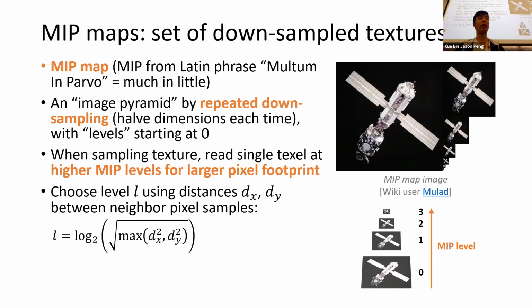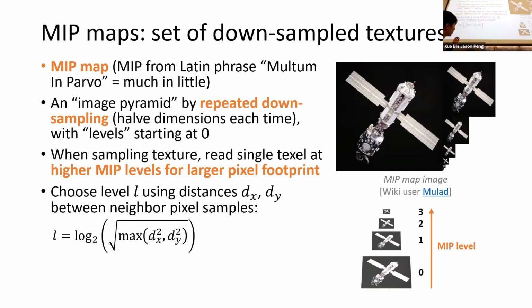For the pixel we are coloring in, we can look at its left neighbor's texture coordinates and use that to figure out dx, which is how quickly the texture coordinates change when we move horizontally. Then dy can be computed by looking at the pixel immediately below the current pixel. We calculate the difference between those two texture coordinates and use that as the dy value.